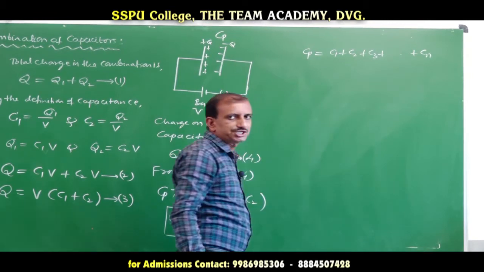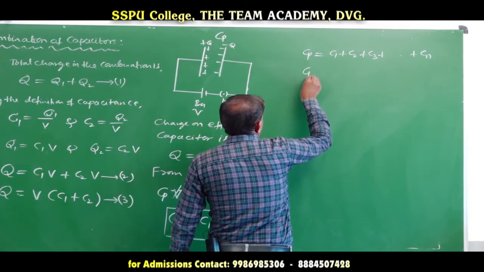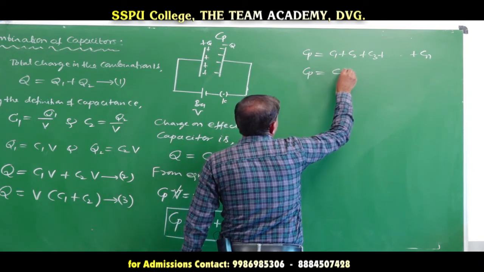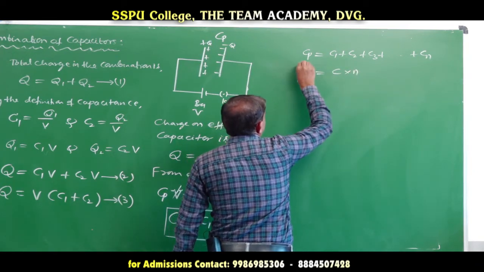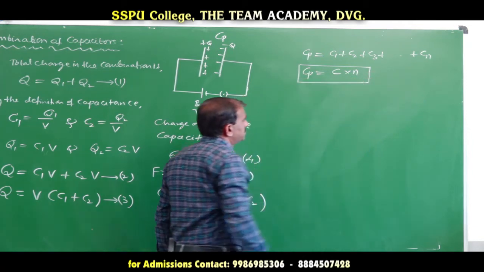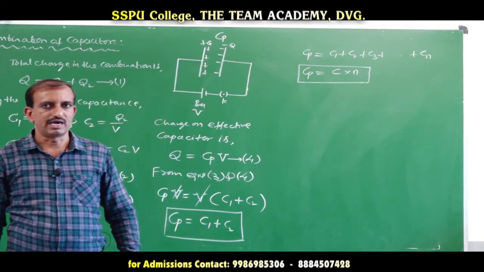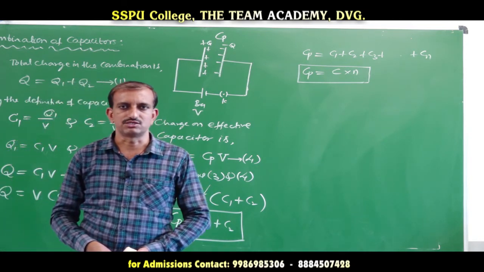If each capacitor has a capacitance equal to C, then Cp is equal to C into n. This is the effective capacitance of n number of capacitors connected in parallel, each of capacitance equal to C.